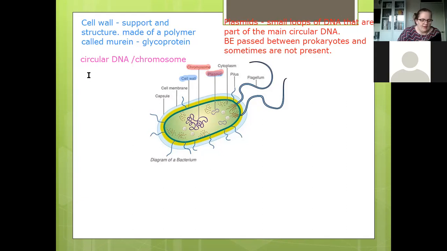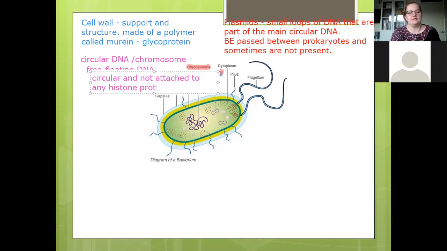Instead, our DNA floats free in the cytoplasm. It's circular DNA, present as one long coiled up strand, and it is not attached to any histone proteins.